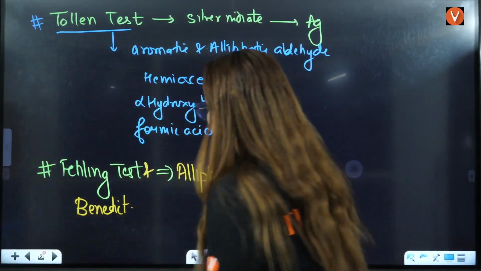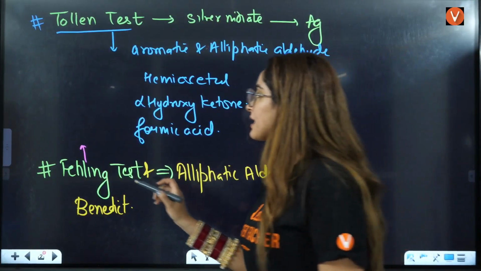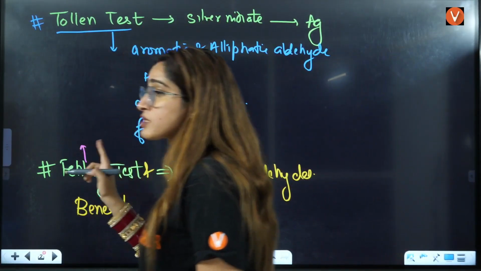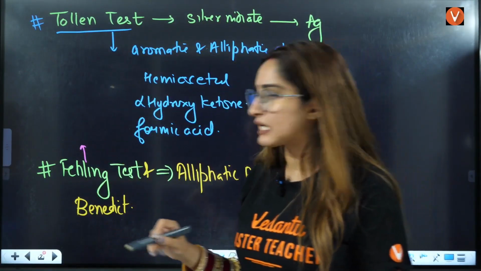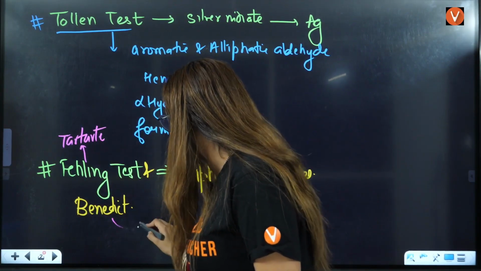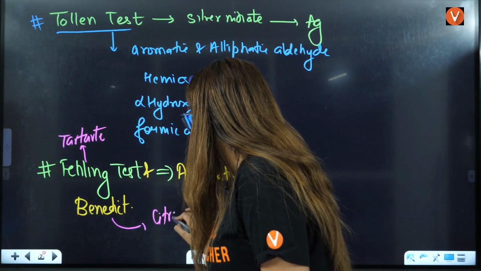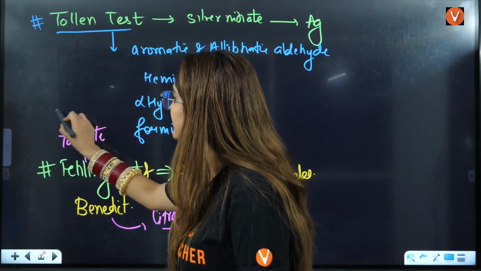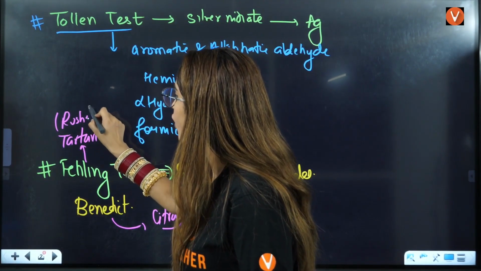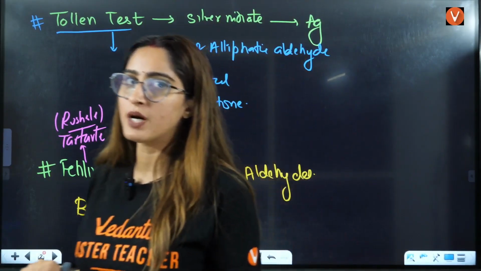But remember that in Fehling test you use copper sulfate, definitely you use, right? That is Fehling A. But you use sodium potassium tartrate. Here you use tartrate, right? Here you use citrate, right? These are the important points, and this is also called Rochelle salt. So these are some of the important points that you should remember, right?